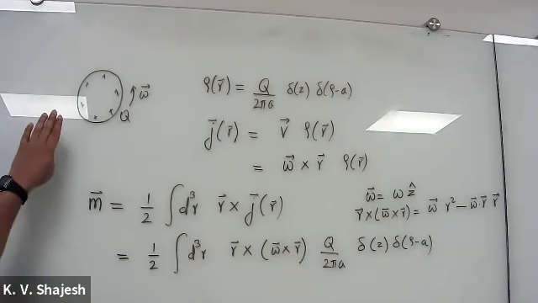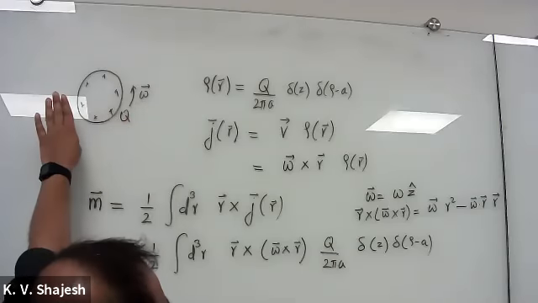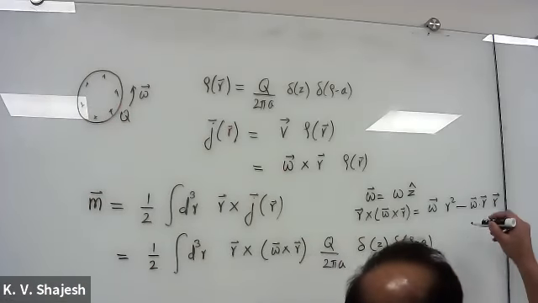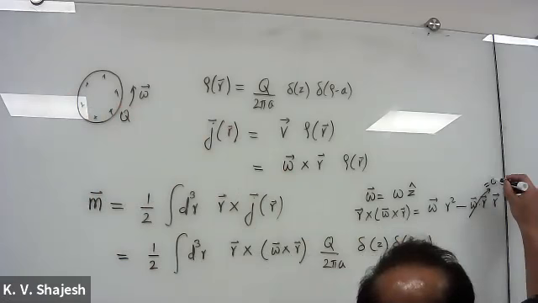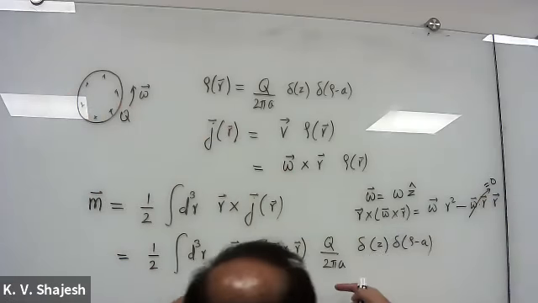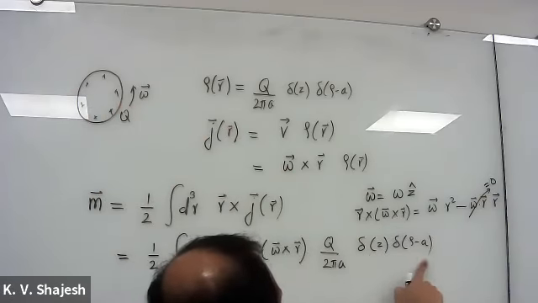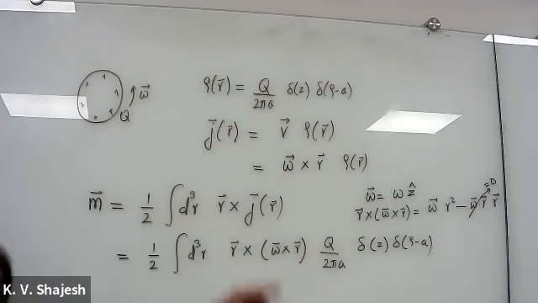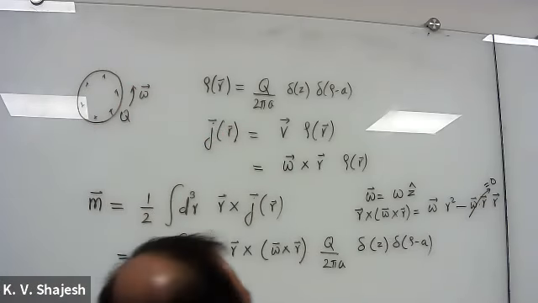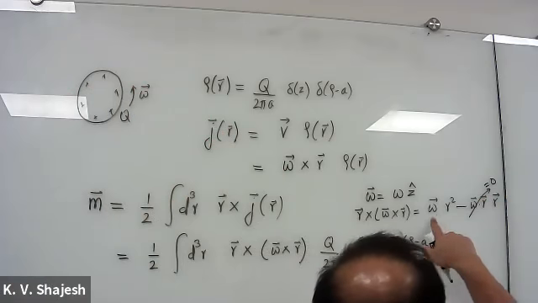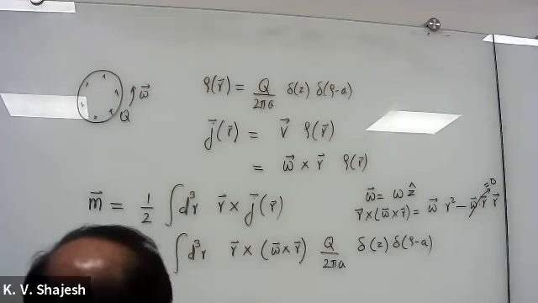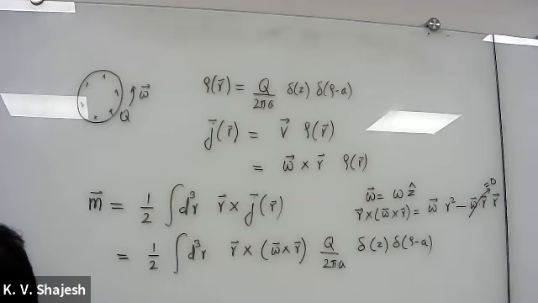But everywhere where this circle exists, omega dotted with r is 0. At this stage it is not, but inside the integral it is, because this makes it stay on the plane of the board, and this makes it omega times r squared. So what we have is it's in the direction of z, so I can bring out the omega.